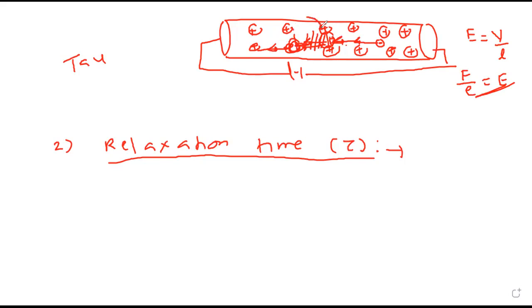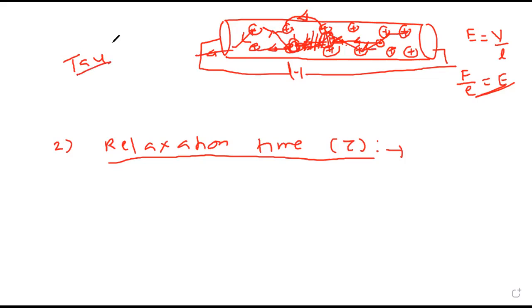So between two successive collisions, the electrons are relaxed, moving without any tension, any collision, any obstruction. This time taken is called relaxation time, because they move like this also. I don't know how they are moving. Finally, it will come outside. So inside they collide, then they turn the path, collide with other, and finally come out.